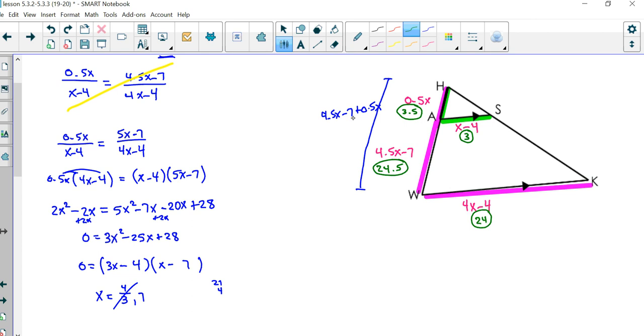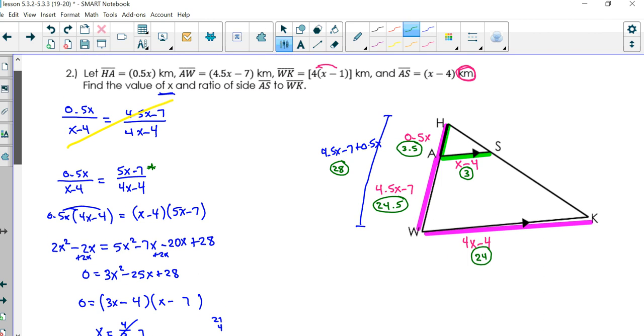And then I'm going to substitute it in here too, which remember was this expression right here. So 5 times 7 is 35. 35 minus 7 is 28. And if I go check here, if I add these two together, I get 28. So everything checks out. Okay, so x equals 7 does work.